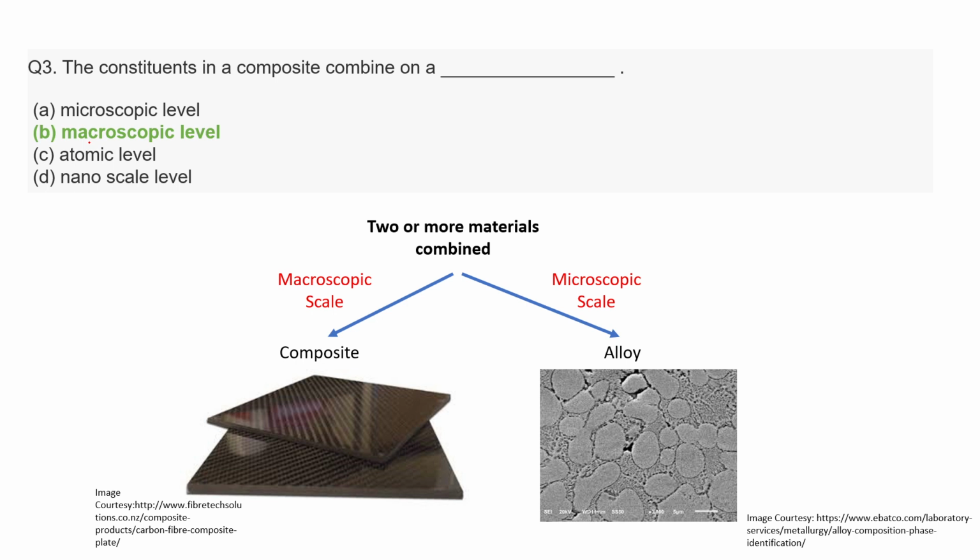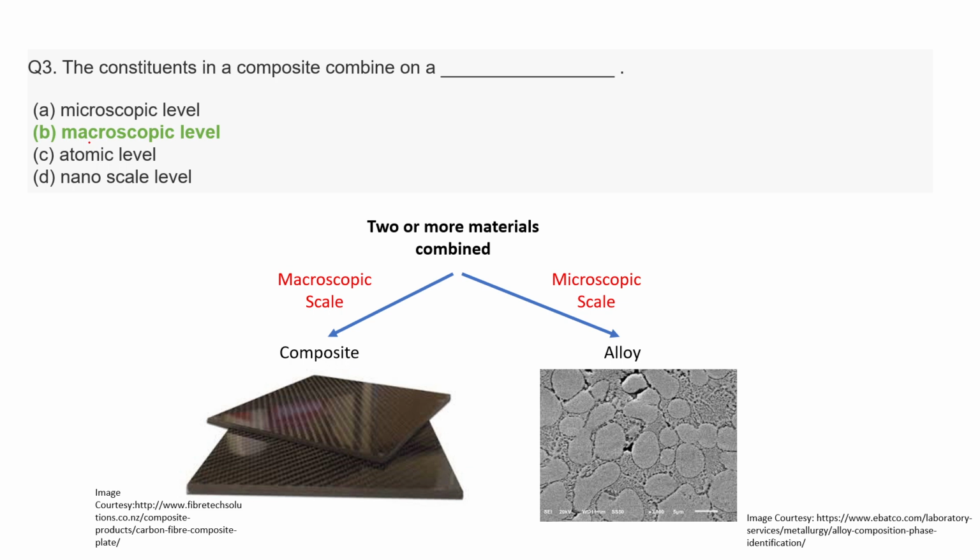How do we define that? When you see a composite, you can visibly differentiate its different parts, which is the matrix and which is the reinforcement. Mostly you can see it with your naked eyes, or at least to an extent you can tell, which is why we say macroscopic scale.